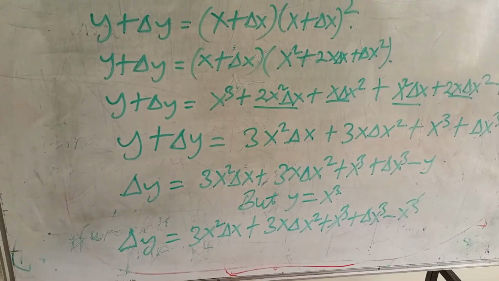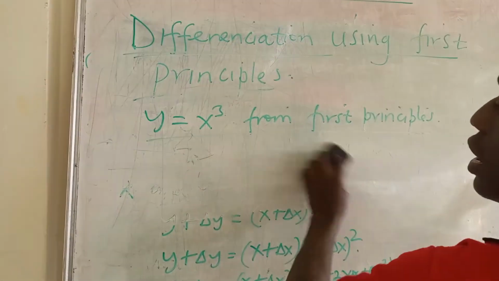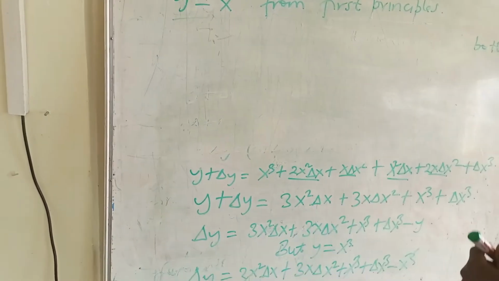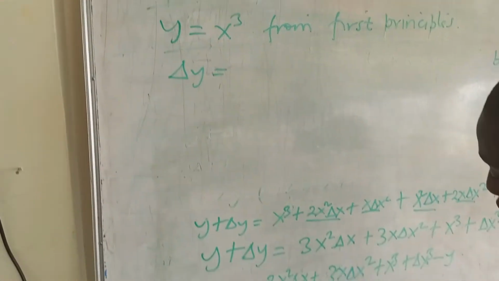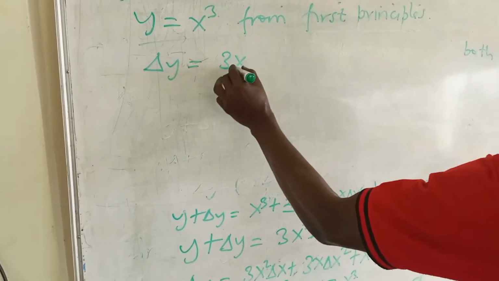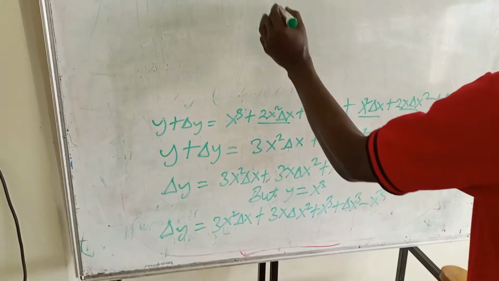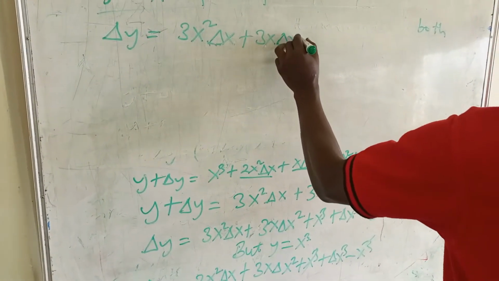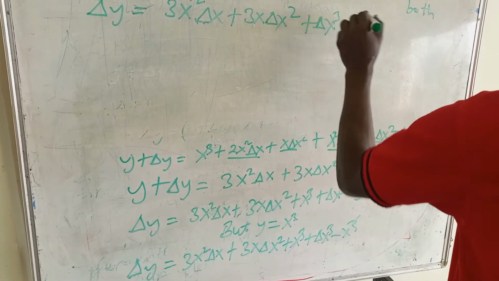You remain with the function which is change in y is equal to this one here, which is 3x squared change in x, then plus 3x change in x squared, then plus change in x cubed.